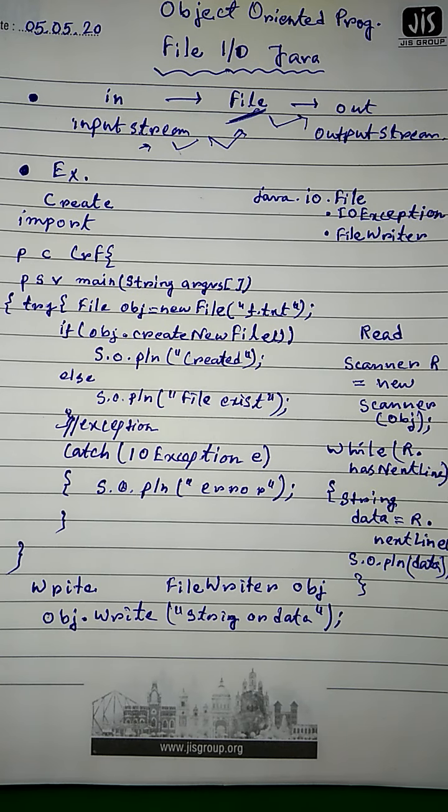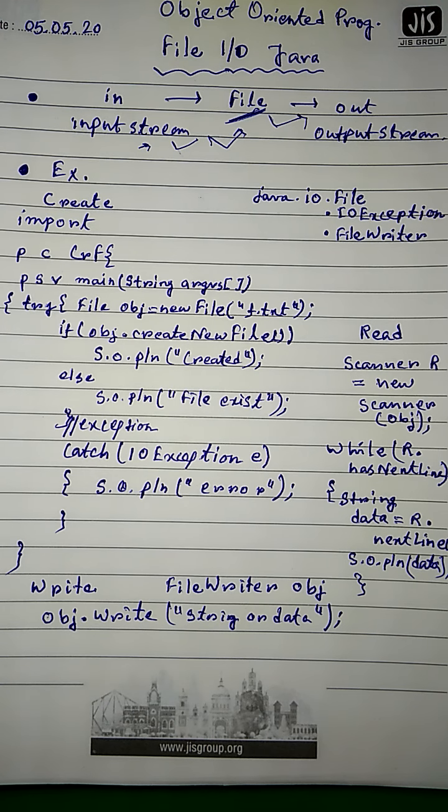Another thing I would like to discuss very fast, character stream. Java byte streams are used to perform input and output of 8-bit bytes, whereas Java character streams are used to perform input and output for 16-bit Unicode.